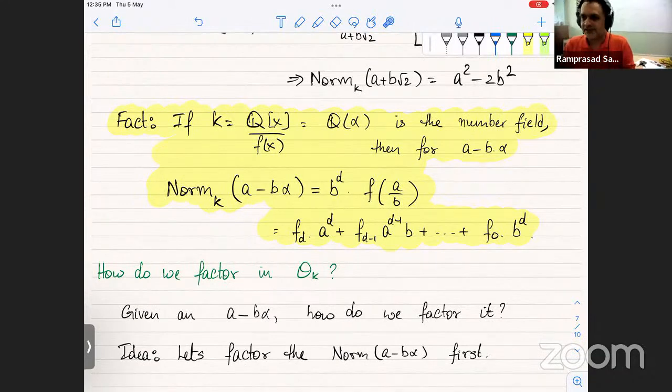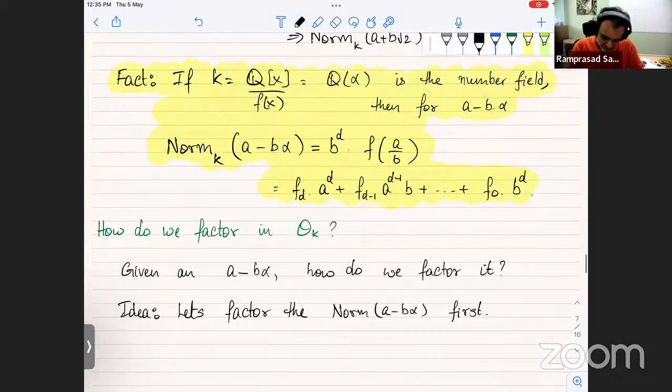So if the norm splits as 3 times 5, then whatever is the split of this element, it must have something of norm 3 and something of norm 5. Now, it may be the case that there are many primes in this number field that have the same norm. But fortunately, there aren't too many of them. So let's factorize the norm first.